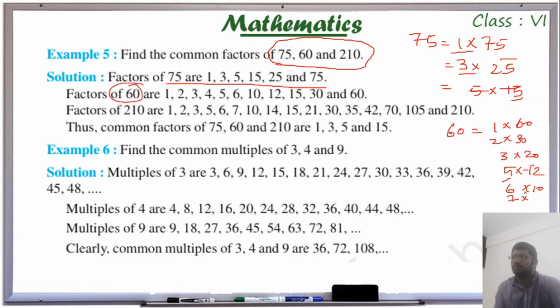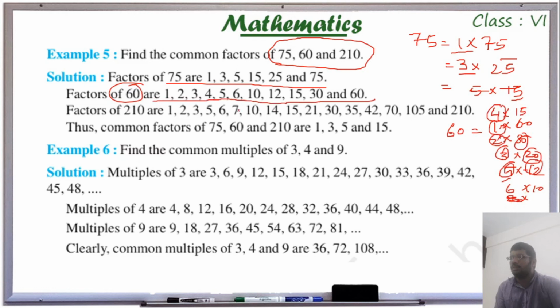This much only. So the factors are 1, 2, 3, 4, 5, 6, 10, 12, 15, 20, 30, 60. So these are the factors of 60.